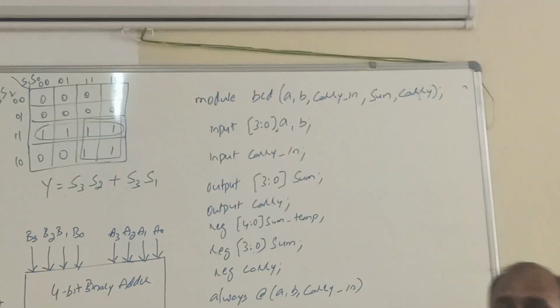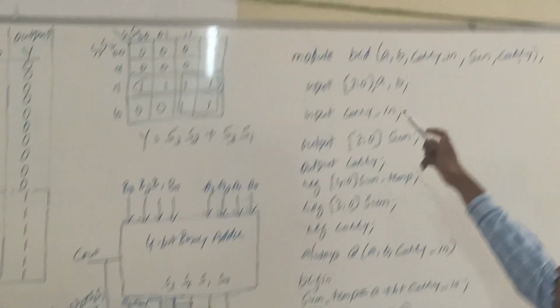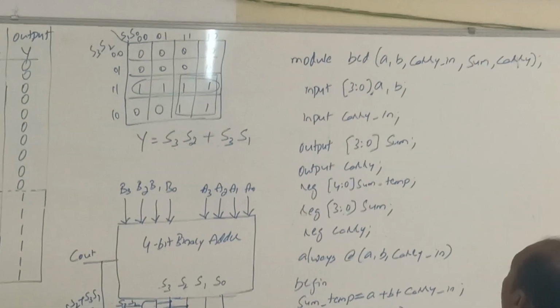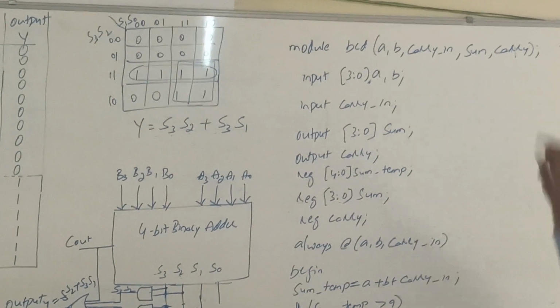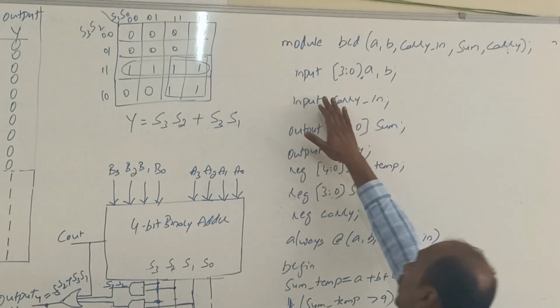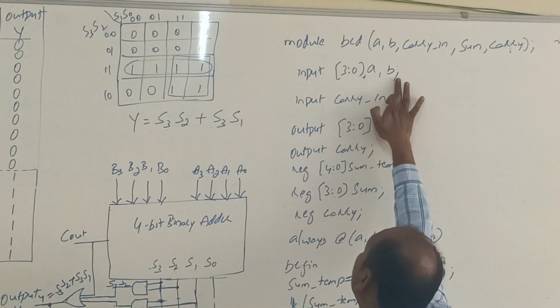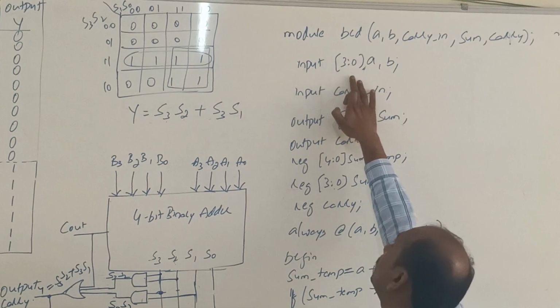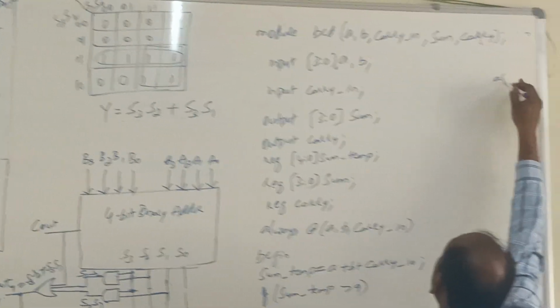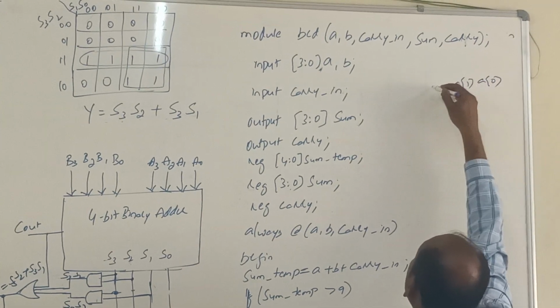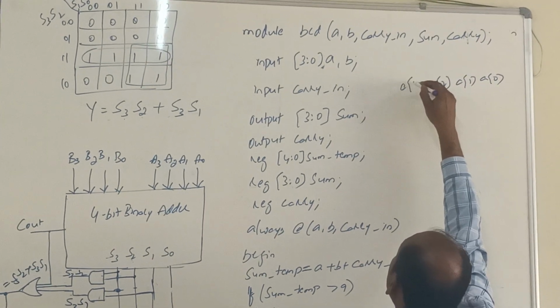Now we will go with the Verilog code. This Verilog code has a module, BCD is the name. I have the parameters here: A, B, carry in, sum, carry. Now I have input 3:0, A, comma B. I hope you understood; before this experiment I explained what I mean by 3:0. It is giving me A of 0, A of 1, A of 2 and A of 3.